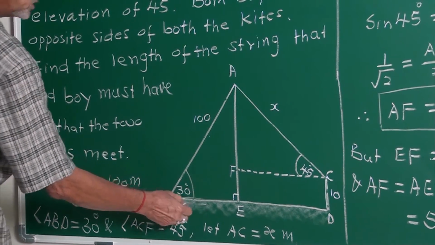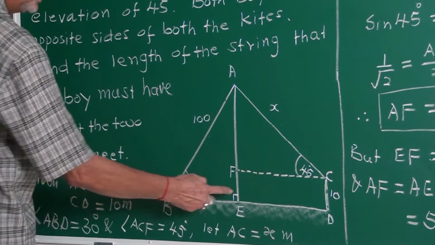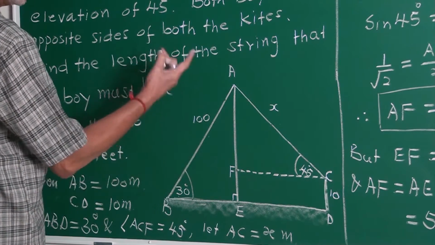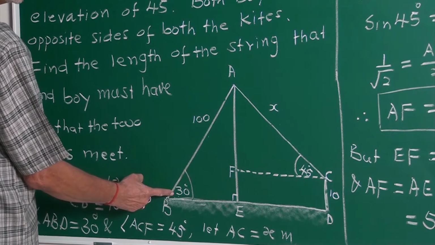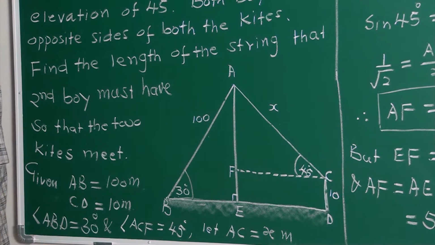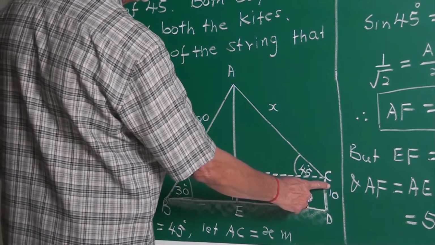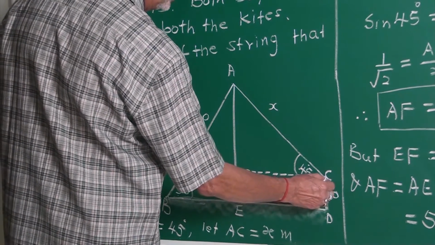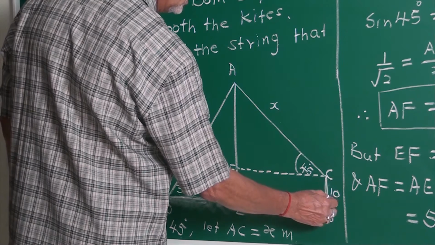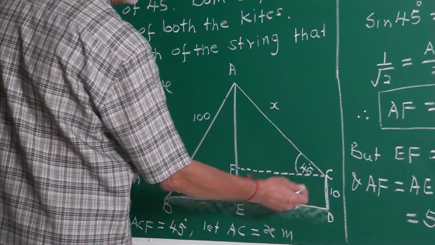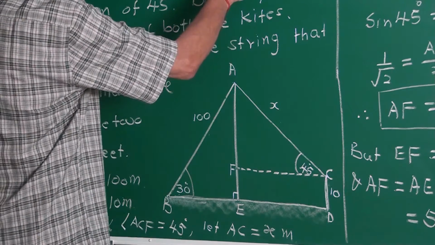BD is the line of sight. The object is above, and the angle of elevation is 30 degrees. The second friend is at point C, standing on some tower or building.